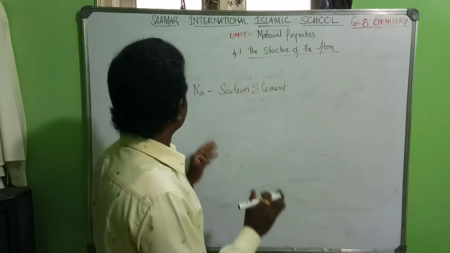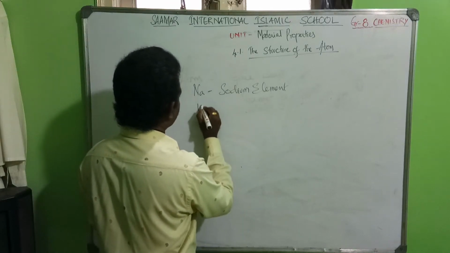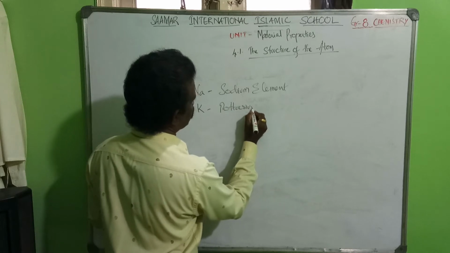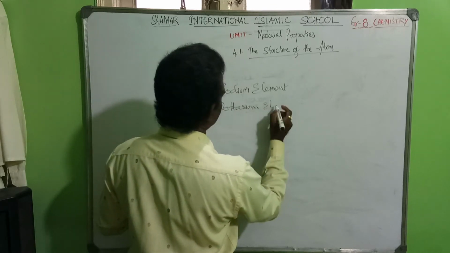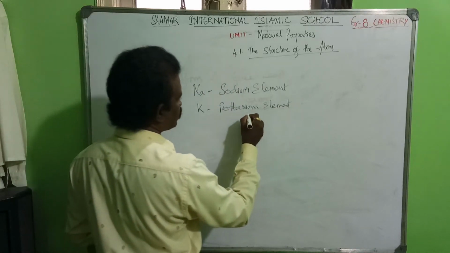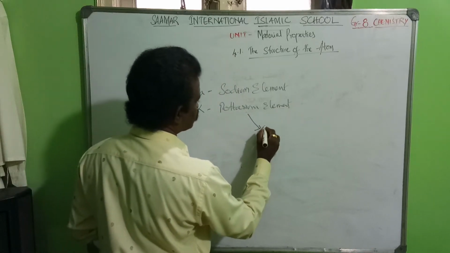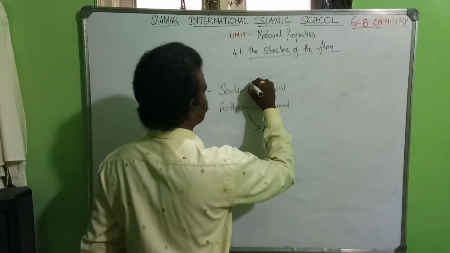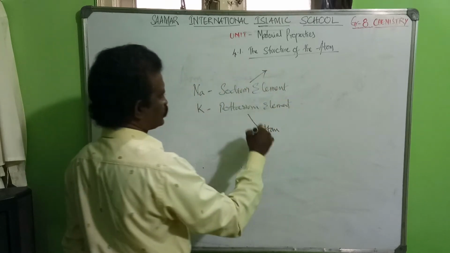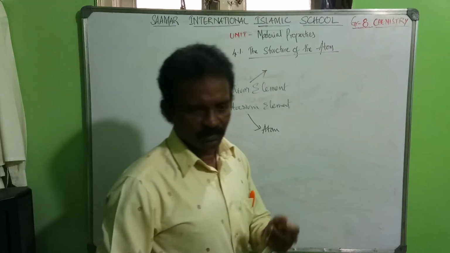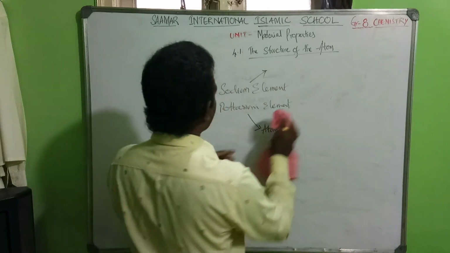They never change. Clear? Like if you take the potassium element, the potassium atoms are the same, called potassium atoms. In the sodium element, the atoms are the same, called sodium atoms. Is it clear?